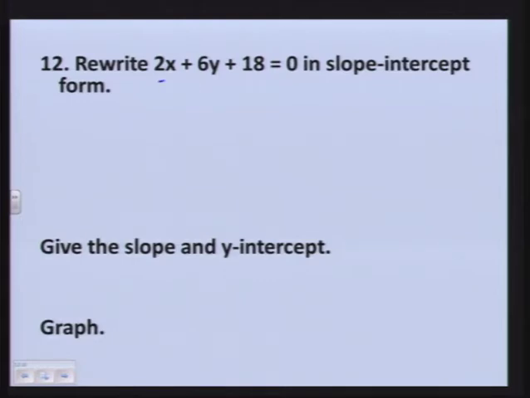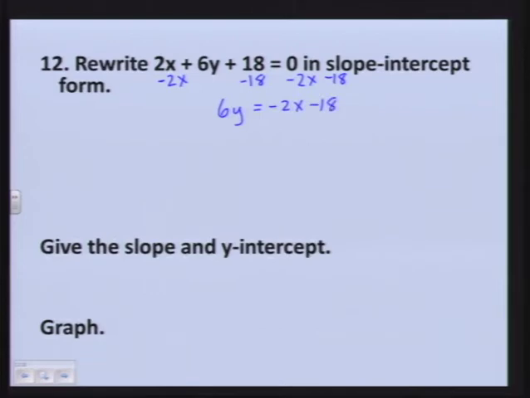So if I subtract 2x and subtract 18, then I'll just have 6y on the left, and I have to do the same thing to the other side to keep it balanced, the other side of the equals, remember. So it's negative 2x minus 18.